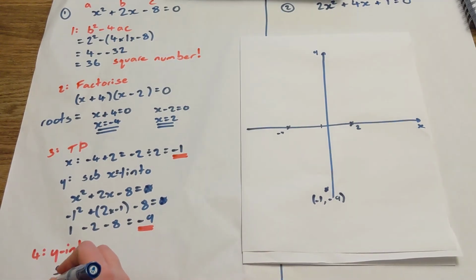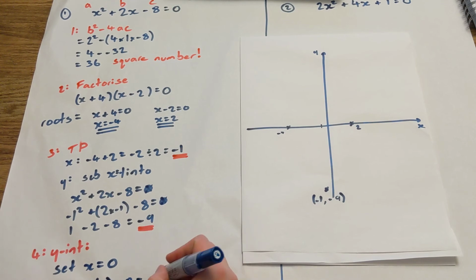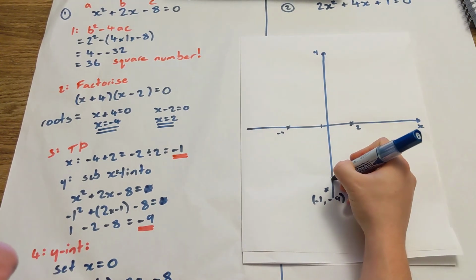So that means we're going to have 0 squared plus 2 times 0 minus 8. So 0 squared is 0, 2 times 0 is 0, minus 8. So the y-intercept is happening at minus 8, which is about here.